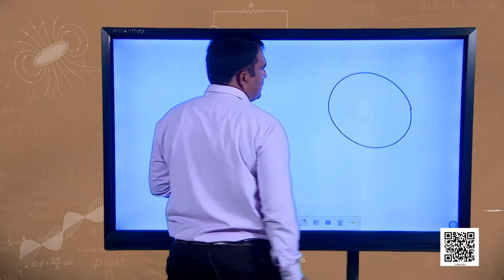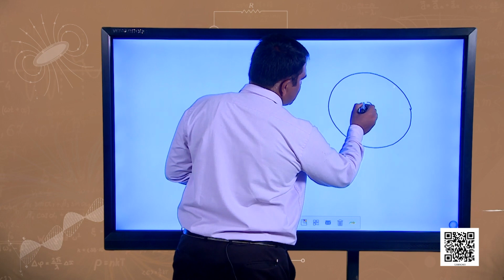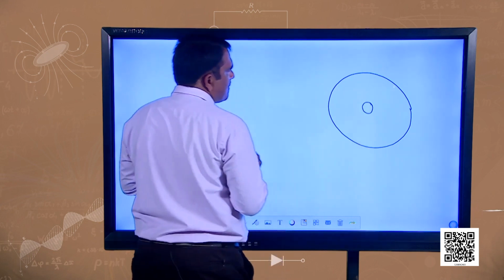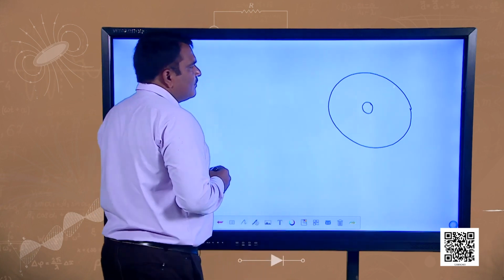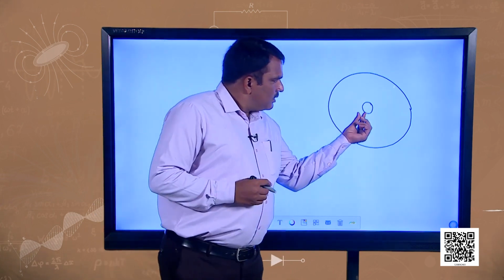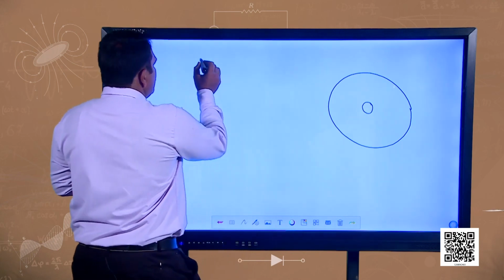Suppose this is our atom, which is having a nucleus. Now, the charge on the nucleus is given to you.